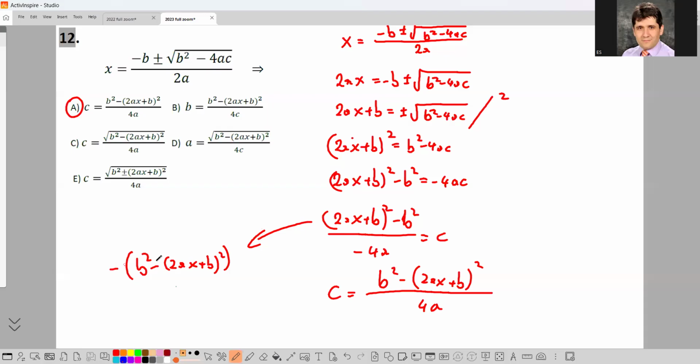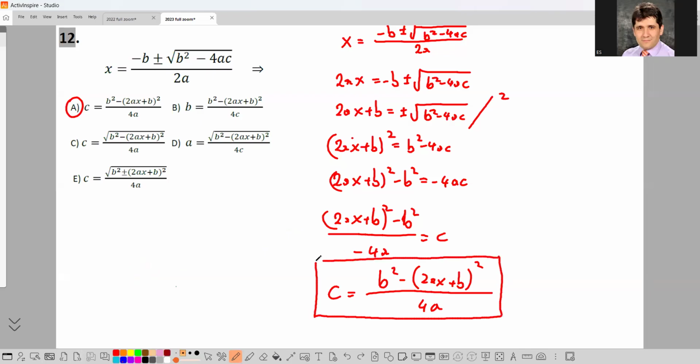When you write it in the second form, it cancels with the negative in the denominator. If I hadn't found an expression among options A, C and E, I would have gone for the other options, rearranging the expression in terms of b and in terms of a.